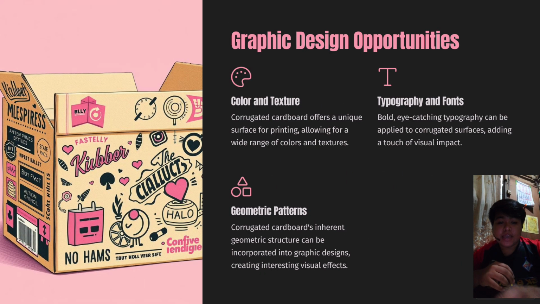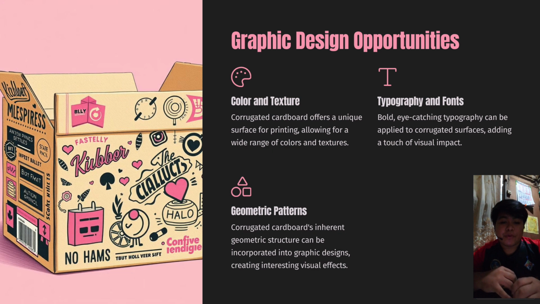And graphic design opportunities, we have color and texture, typography and fonts, and geometric patterns. Corrugated cardboard offers a unique surface for painting, allowing for a wide range of colors and textures.